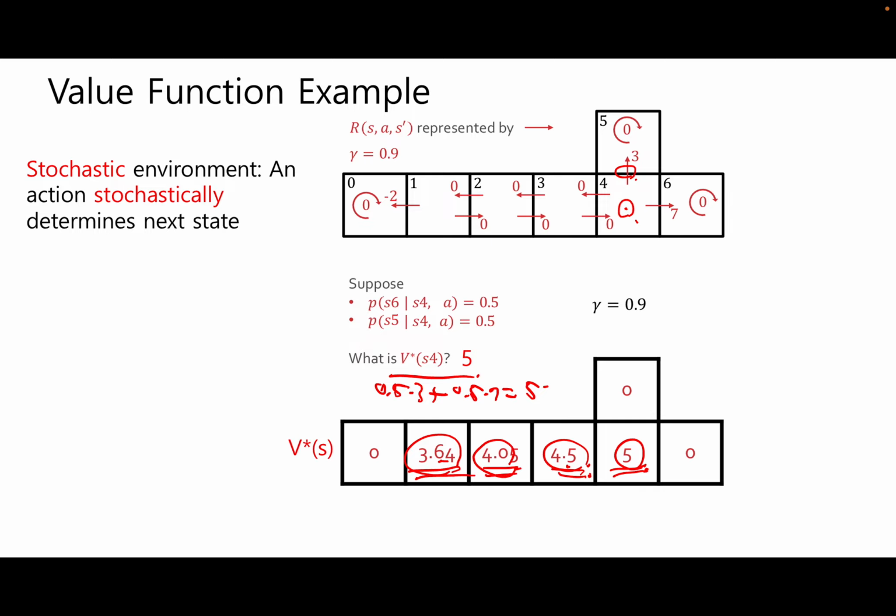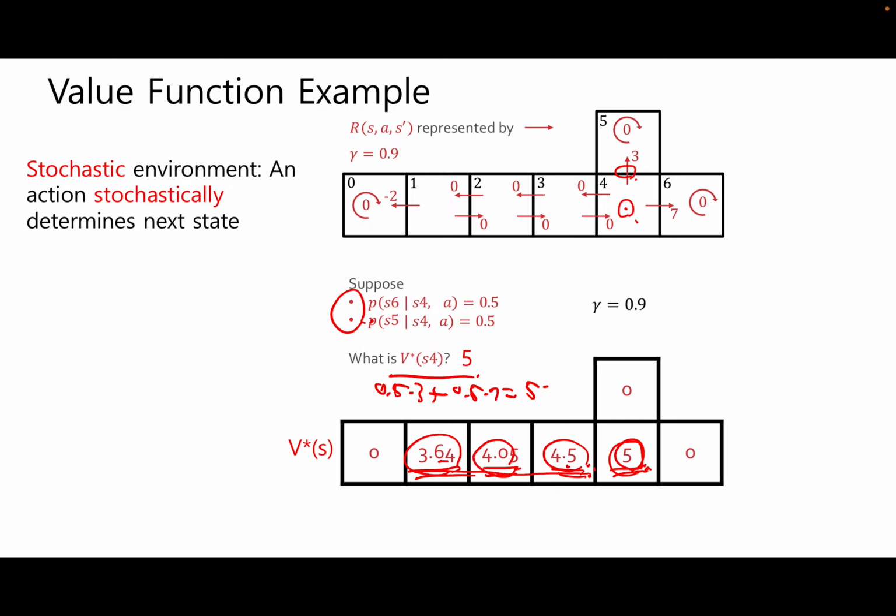The problem was a little bit unclear, but unless there's a specific description, we assume the remaining states are deterministic. So this one is stochastic, so there's a probability, right? The probability indicates state 5 is stochastic, but the remaining states, we assume they are deterministic. That is a clearer description of this problem.